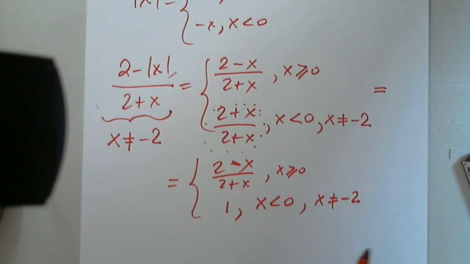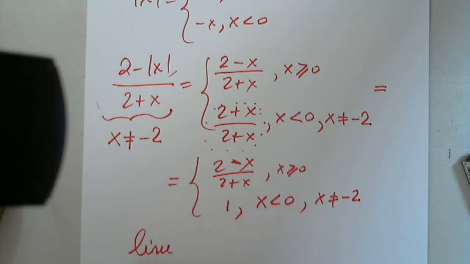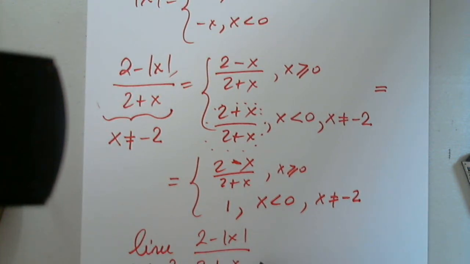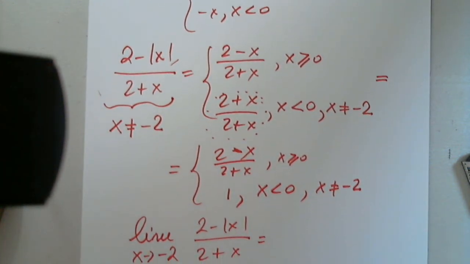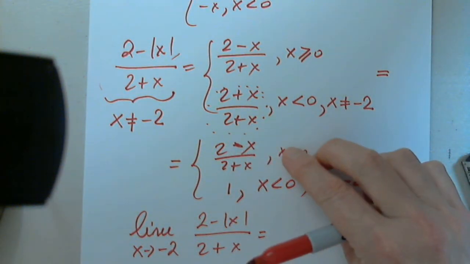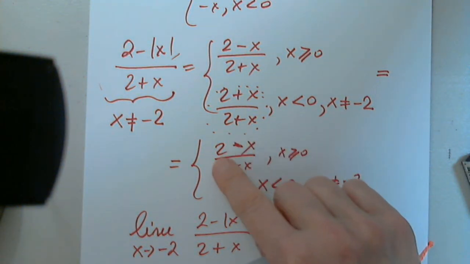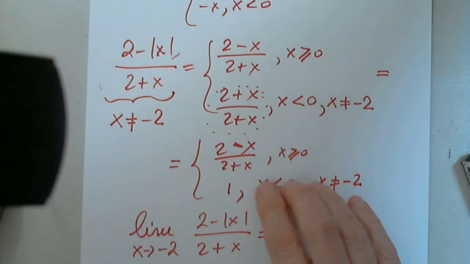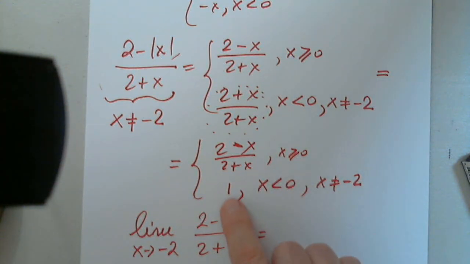Okay, now I can go to the limit as x approaches negative 2 from either side of 2 minus the absolute value of x over 2 plus x. Again, where is negative 2? I know it's silly, but I want to make a point. If you say it's here, then I will have to use this. If you say it's here, then I will have to use this simplified form. Where is negative 2? Top or bottom?